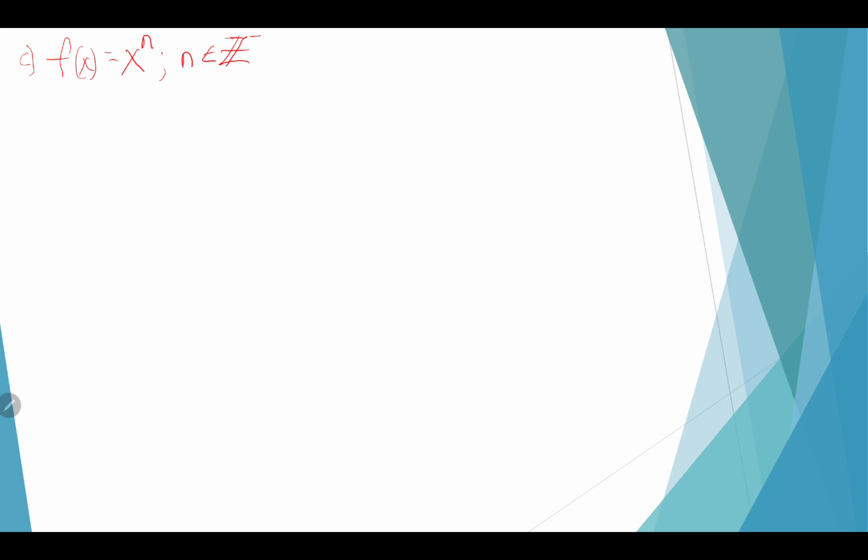So we're having to think about, well, what's going to happen? Well, as the limit as x approaches infinity, what should be happening to x to the n?